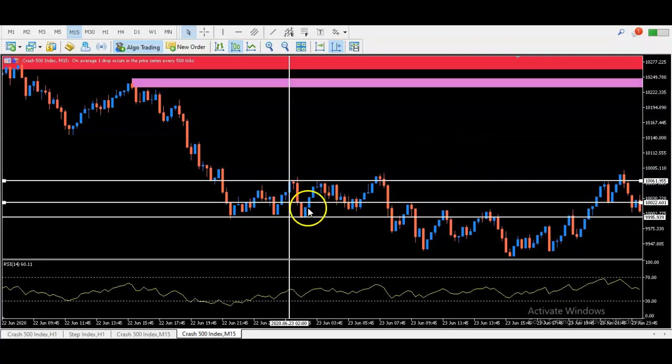So you could have entered this trade when this candle broke out of the mother bar, then take profit here. Now this is a 15 minutes candle, so this is at least 20 minutes of buying. No, more than 20 minutes, maybe 30 minutes of buying here.